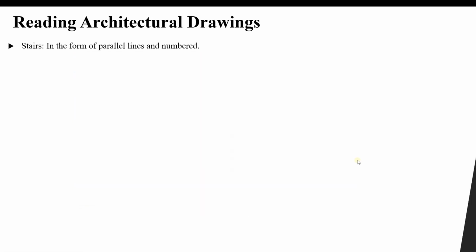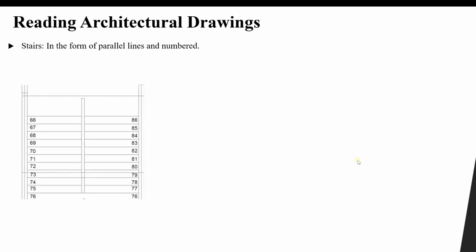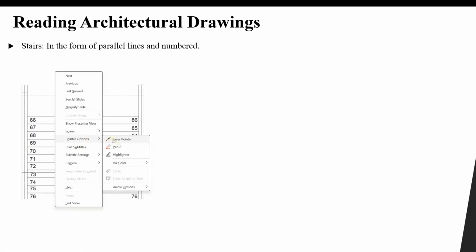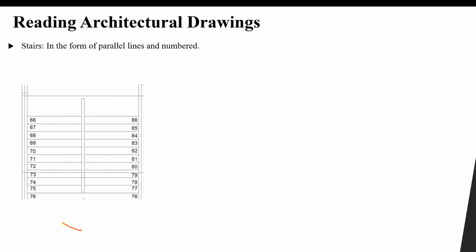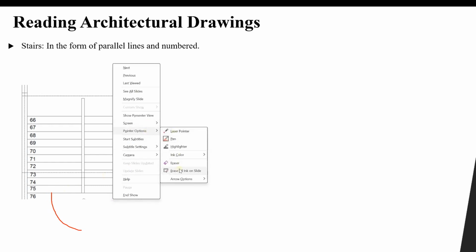Number one, the symbol of stairs. They are presented in the form of parallel lines and numbered. They are usually like this. You can see these parallel lines representing stairs. For example, as if you are going up from down, look: 67, 75, 43. What does this mean?